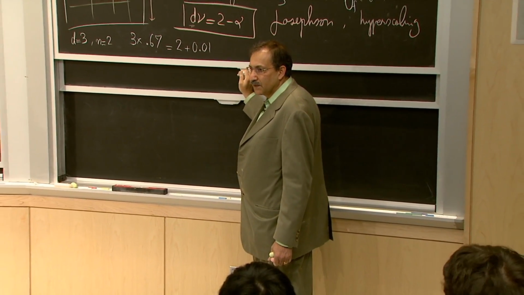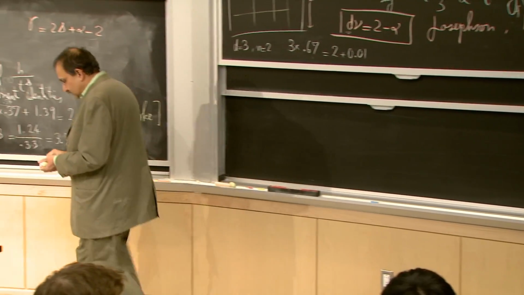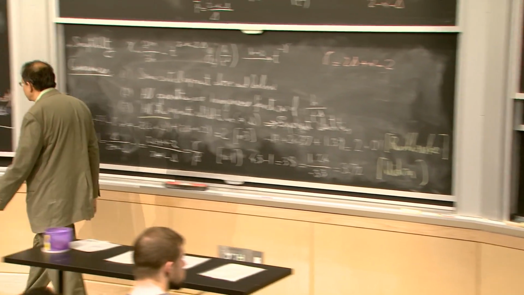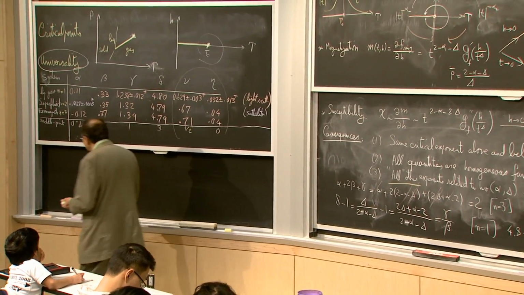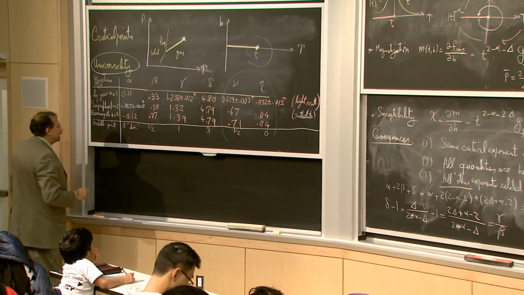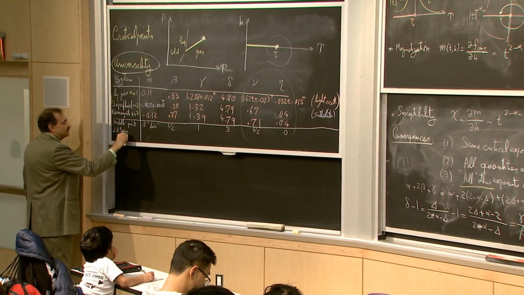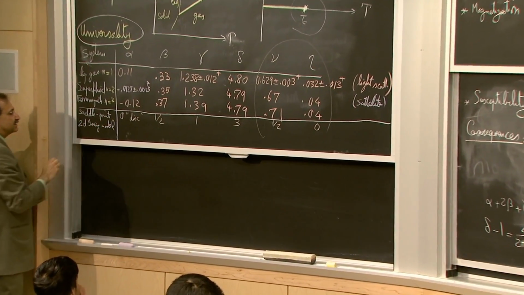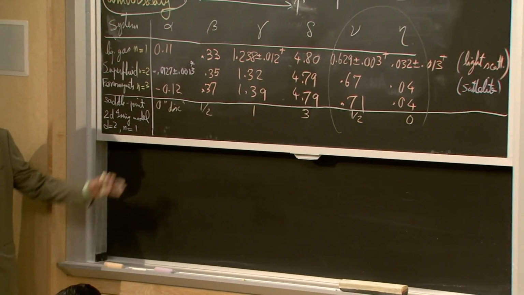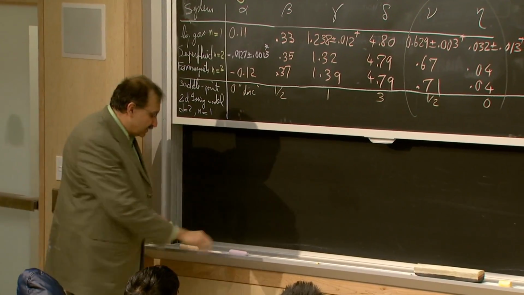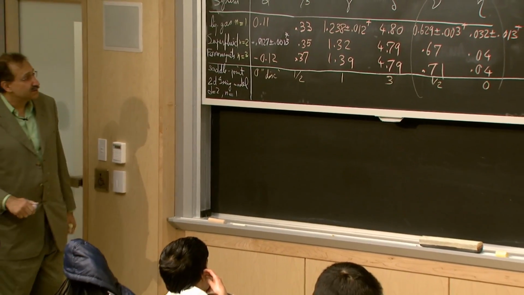Okay. So it matches. Actually, you say, well, why do you emphasize that it's a function of dimension? Well, a little bit later on in the course, we will do an exact solution of the so-called 2D Ising model. So this is a system that corresponds to d equals 2, n equals 1. And it was an important thing that people could actually solve an interacting problem, not in 3 dimensions, but in 2.